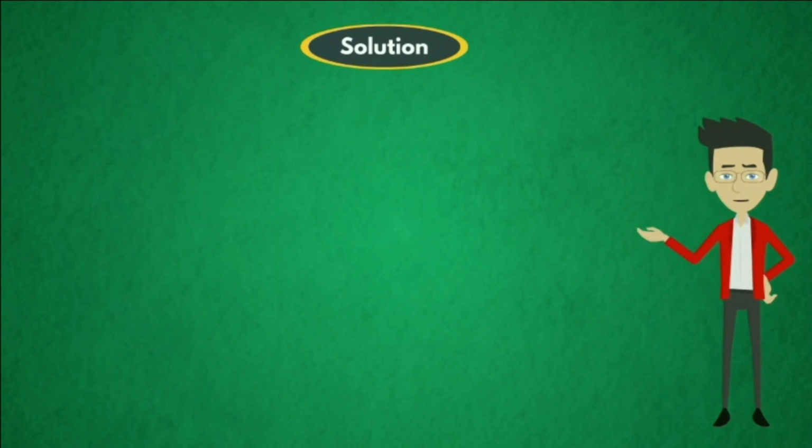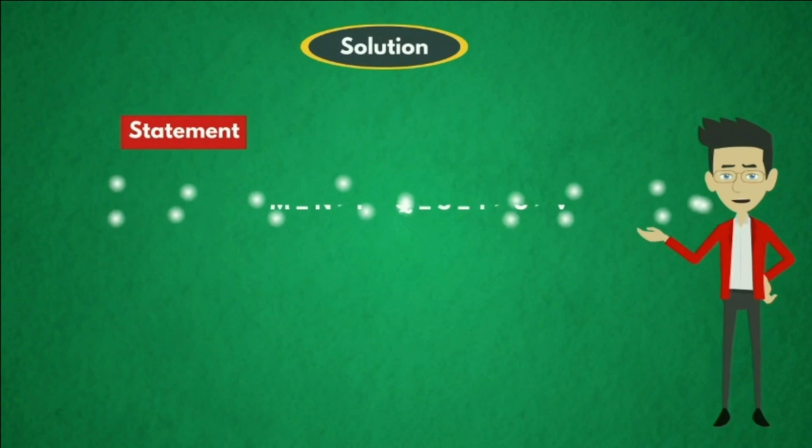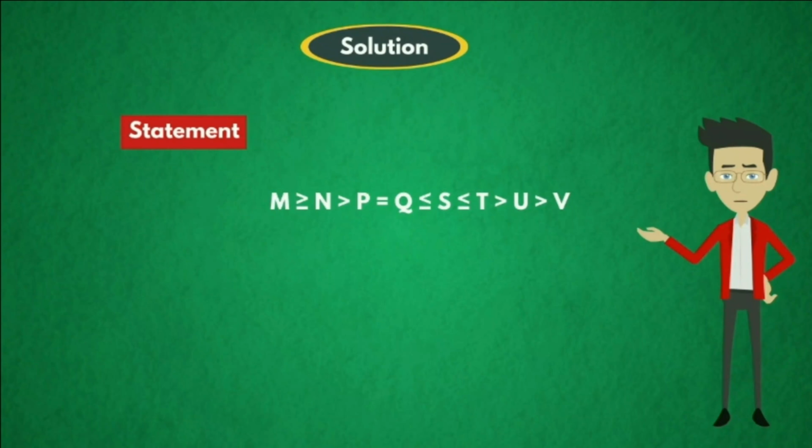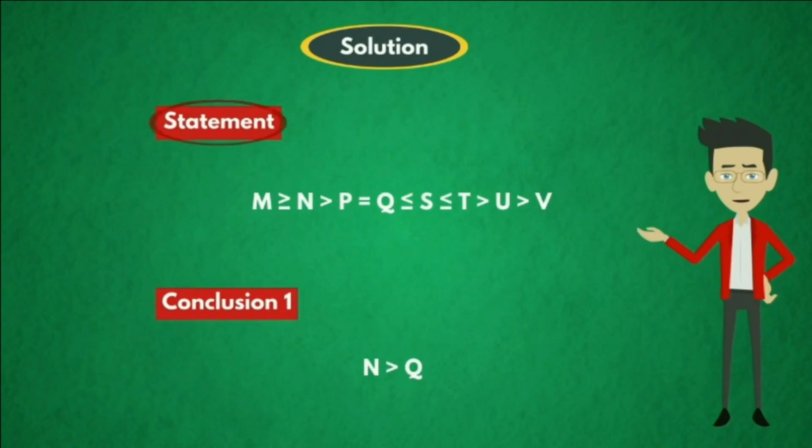Let's see the solution. Here the statement is M greater than or equal to N greater than P equal to Q less than or equal to S less than or equal to T greater than U greater than V. Let's check with the conclusions. Conclusion 1. N greater than Q. Here in the statements, we have a direct relation between N and Q. So here, from N to Q, we have greater than or equal to symbols.